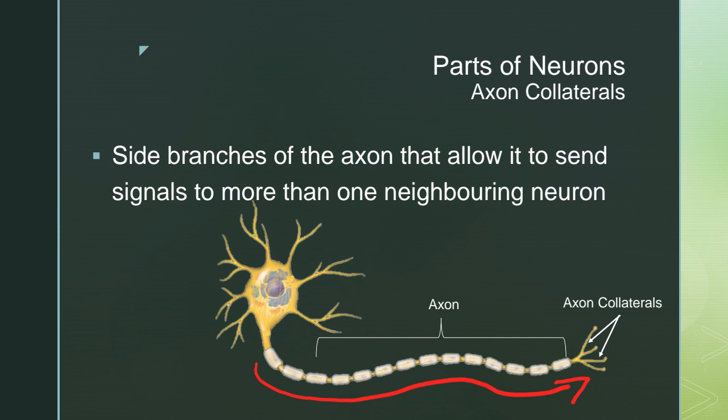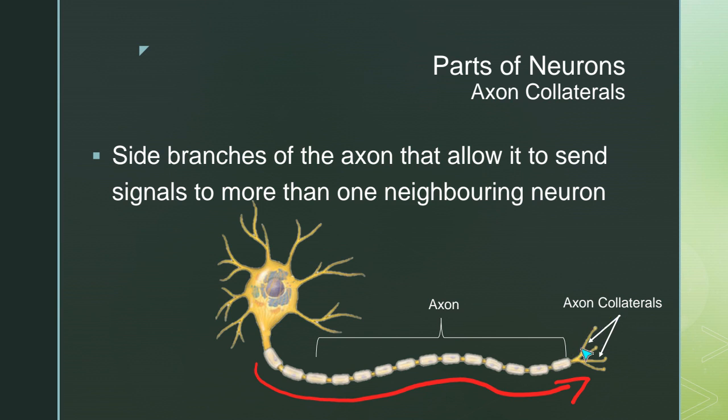And these side branches allow a neuron to send its signals to more than one neighboring neuron. You can think of it as getting a bigger bang for your buck. You send one signal down the axon and it can be split up into a few different signaling units.